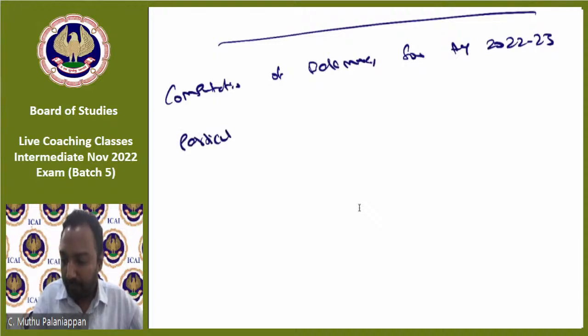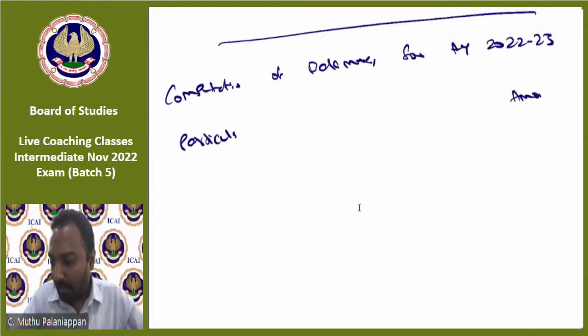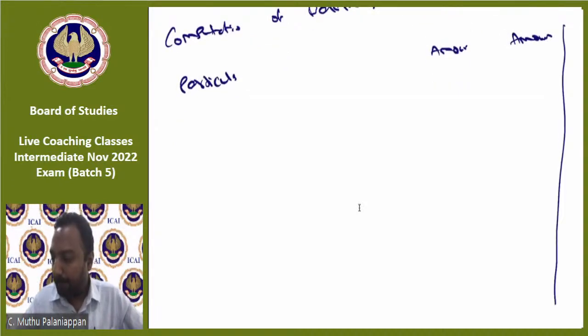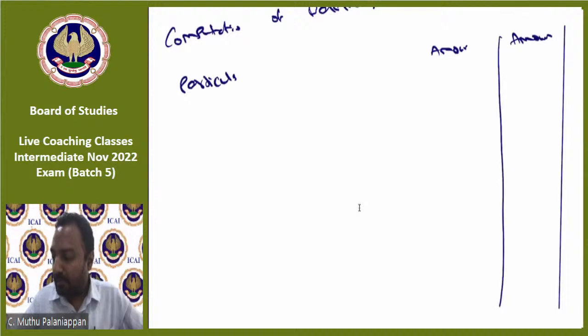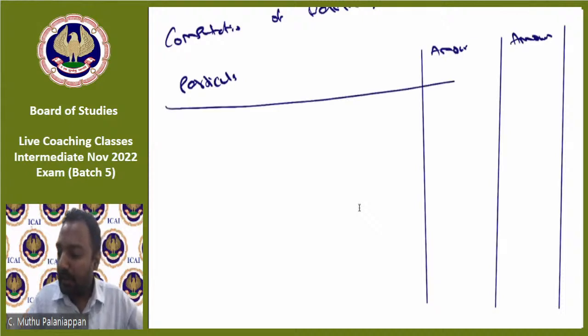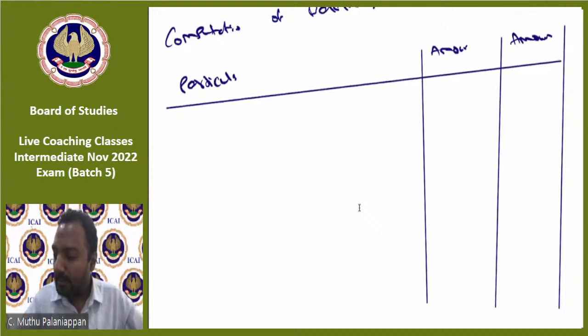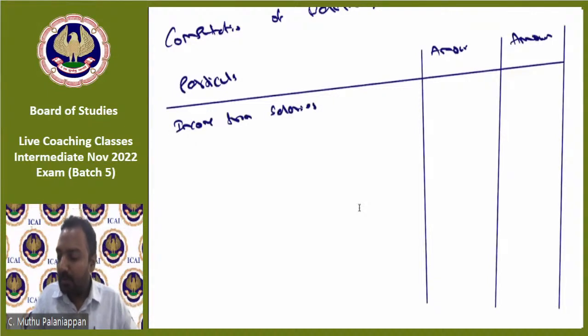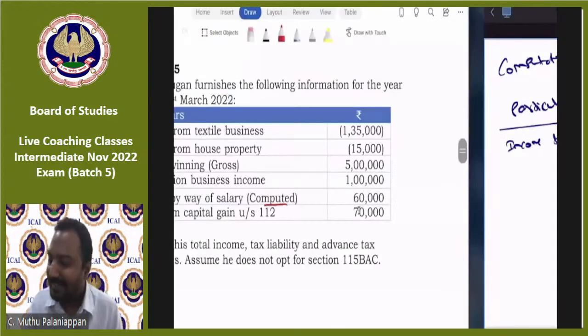Particulars, amount and amount. The first head of income that has been given is salary, so we start with salary. Income from salaries, how much was it given? It is 60,000.